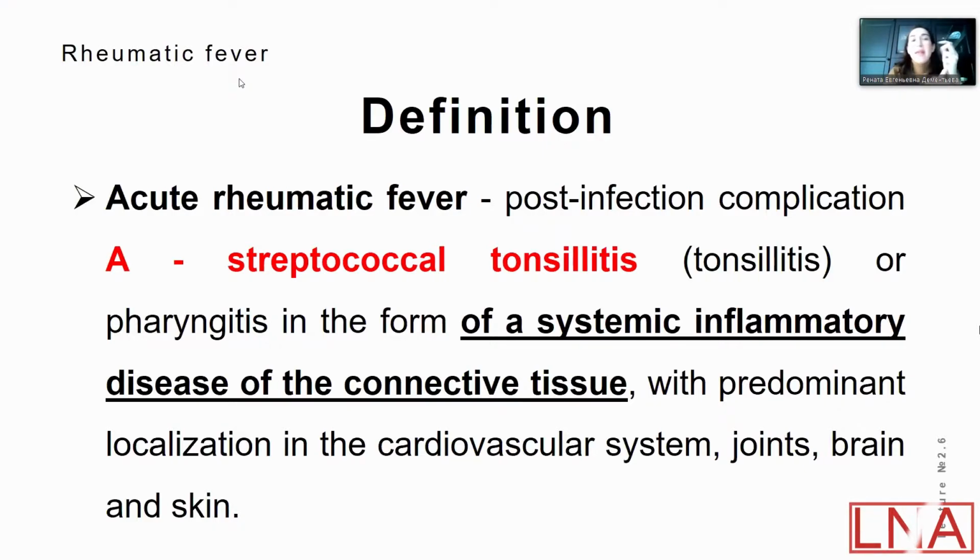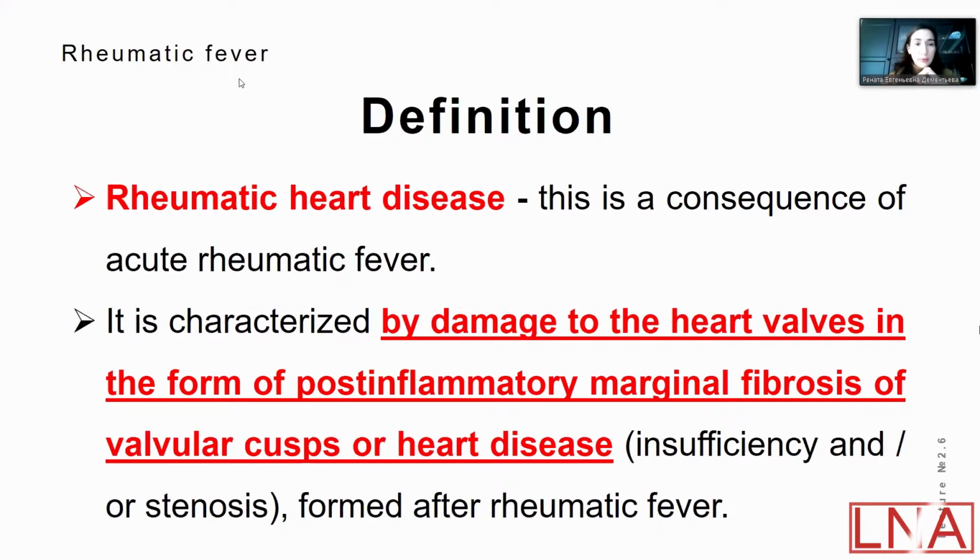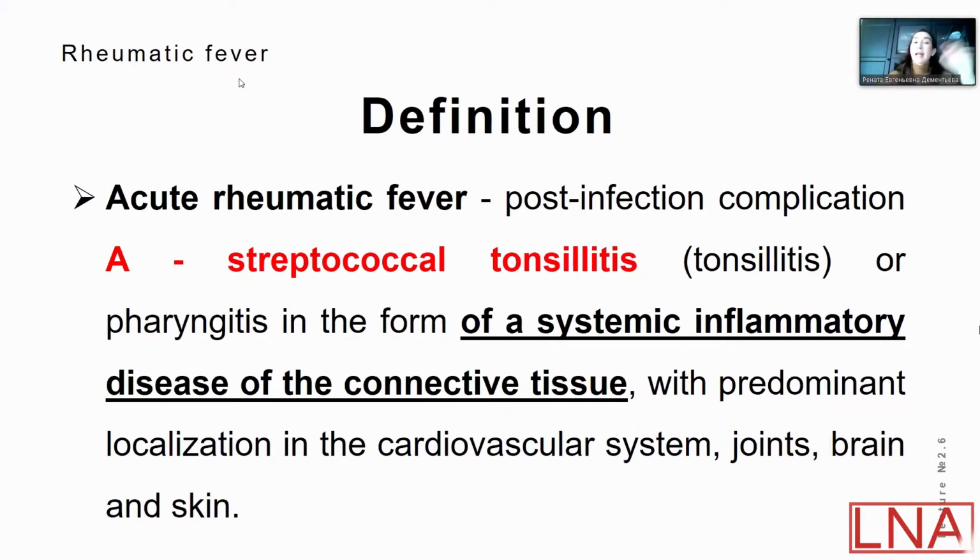So: cardiovascular system, joints, brain, and skin, due to the cross reaction with the T and B group of lymphocytes. Acute rheumatic fever is a post-infection complication after infection with beta hemolytic streptococcus group A.